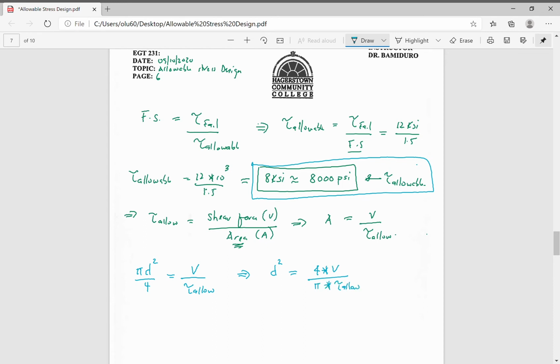Now d would take the square root of both sides, and we have the square root of 4 times the shear force divided by pi times tau allowable.